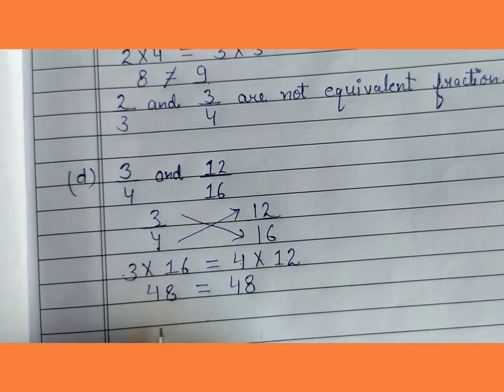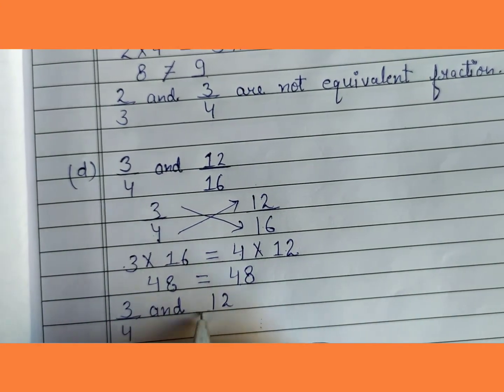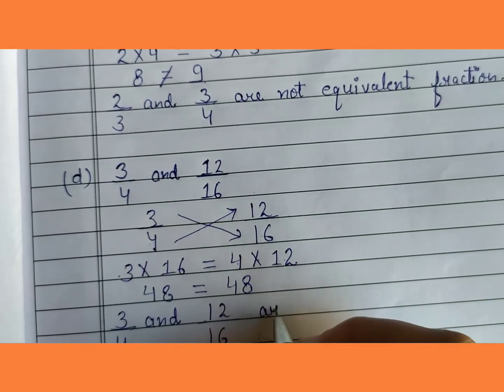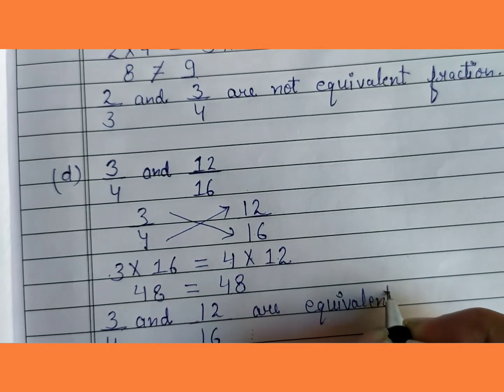Both are equal. It means 3 upon 4 and 12 upon 16 are equivalent fractions.